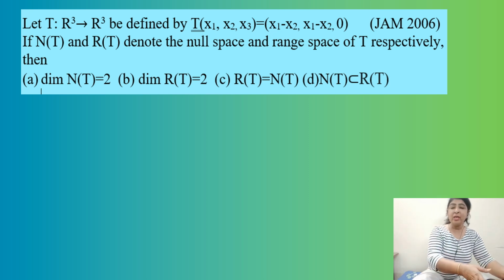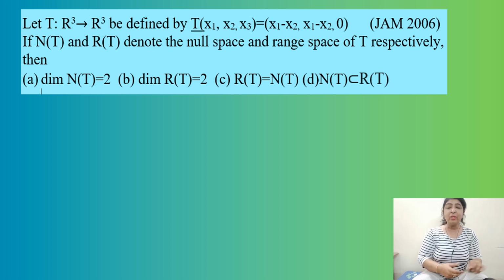Now what are we given? We are given T of x1, x2, x3 equal to x1 minus x2, x1 minus x2, and 0. So what will we do?